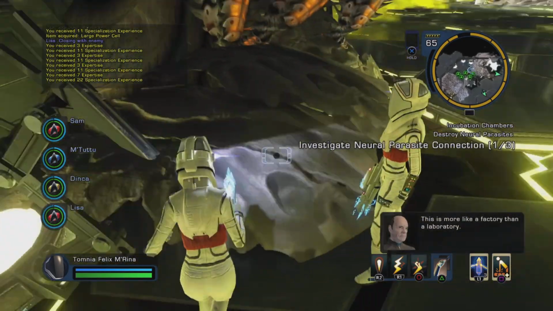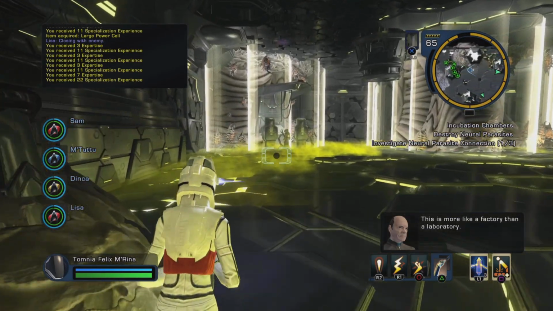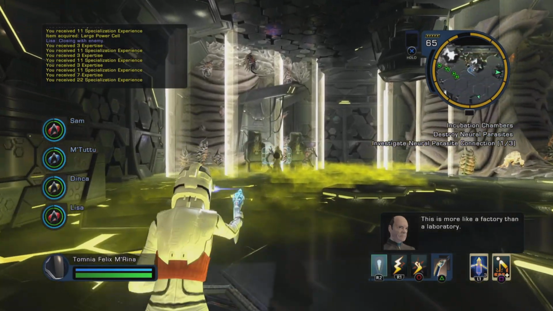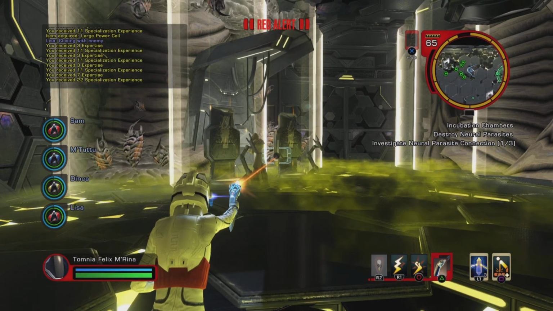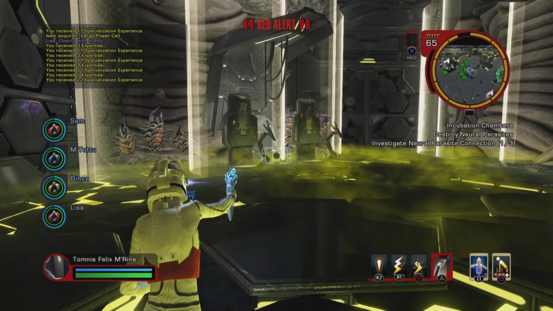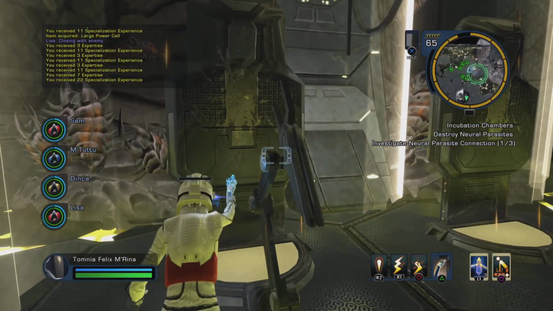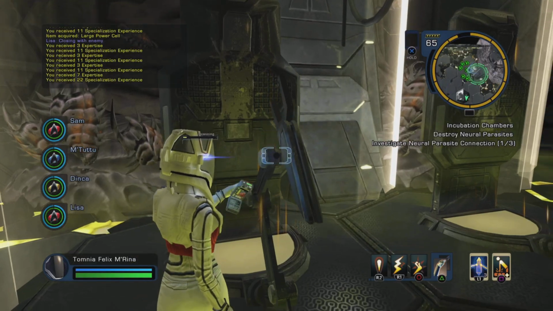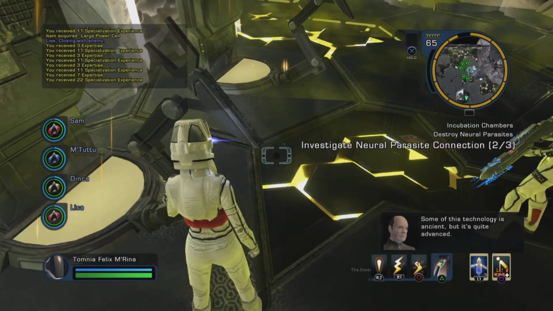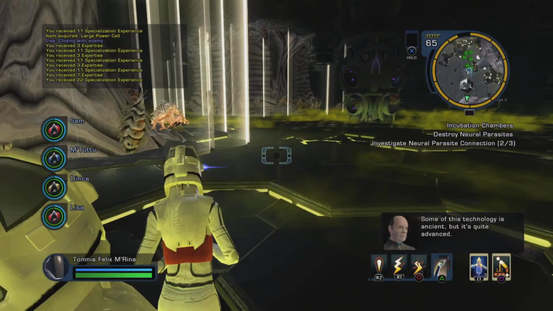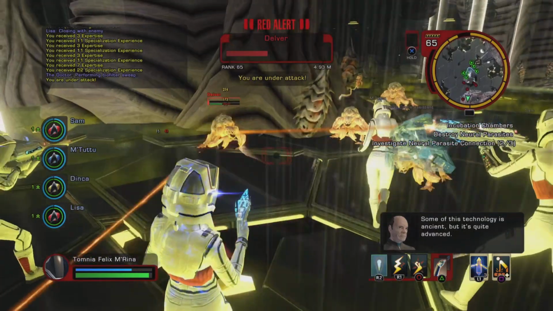This is more like a factory than a laboratory. Some of this technology is ancient, but it's quite advanced. Enemy target understood.